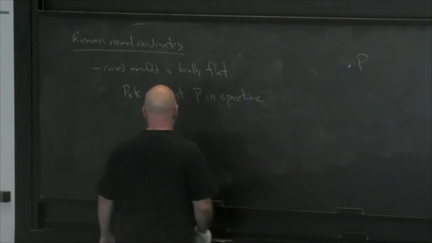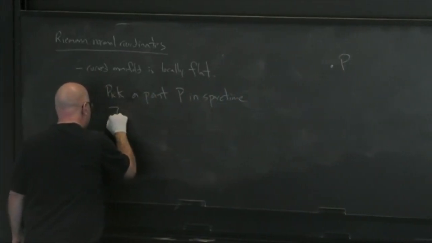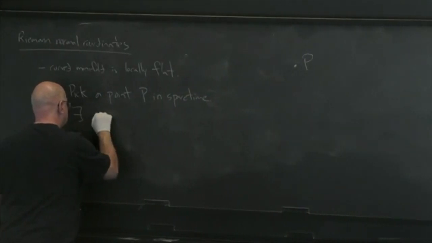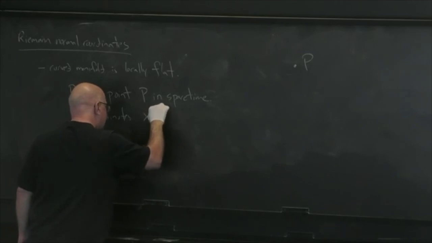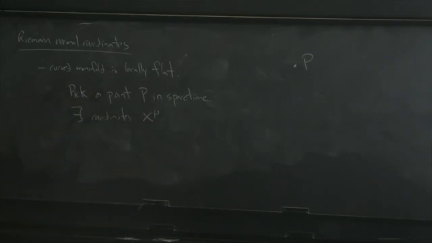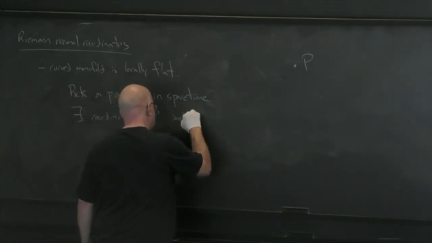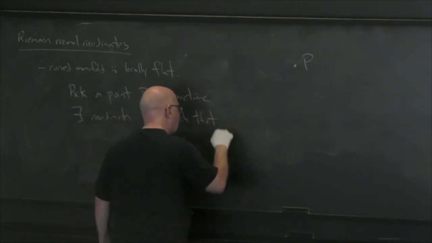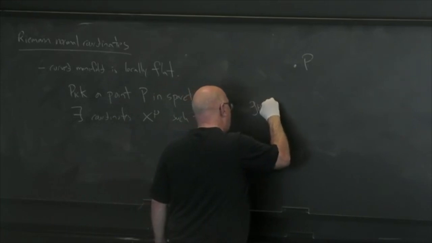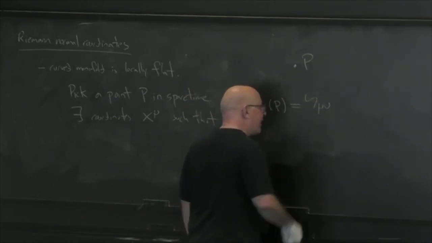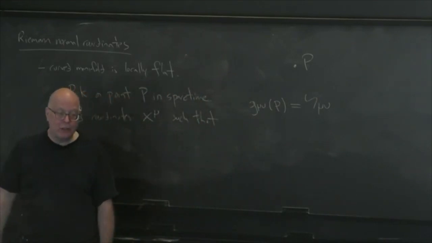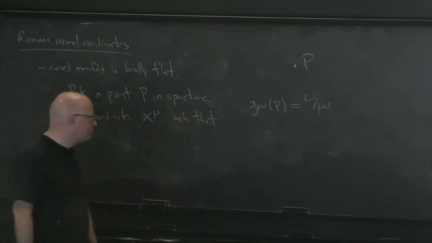And the idea is that there exist coordinates, and here I'll denote them x^μ, such that the metric at that point in those coordinates is precisely equal to the Minkowski metric, so -1, +1, +1, +1.